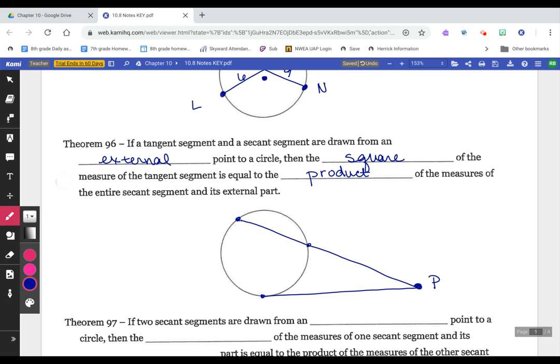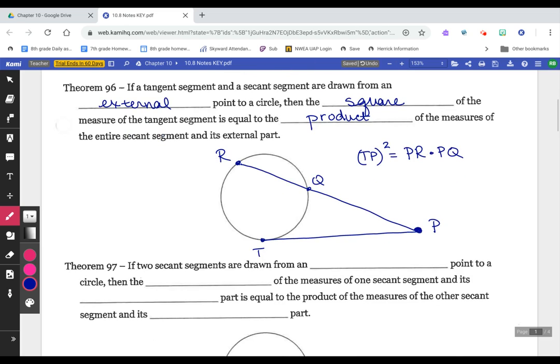So let's put some letters. Let's say this is Q, this is R, we'll put T here. So the tangent squared is equal to the entire secant, which would be PR, times the external part of the secant, which would be PQ. All right, so if I wanted to make up some numbers here, this would be, let's say 6.